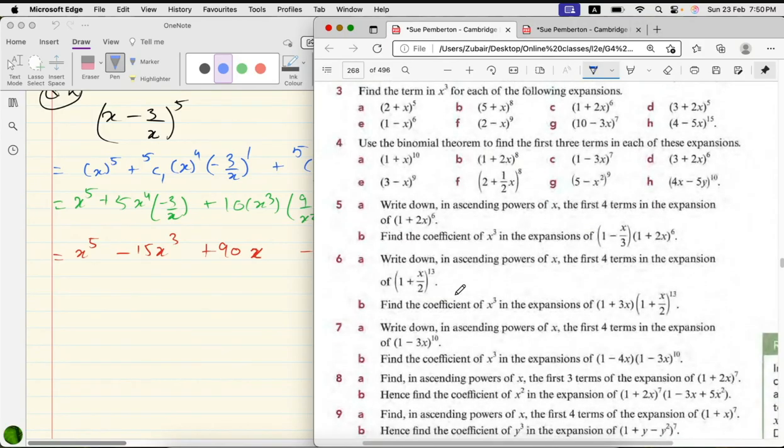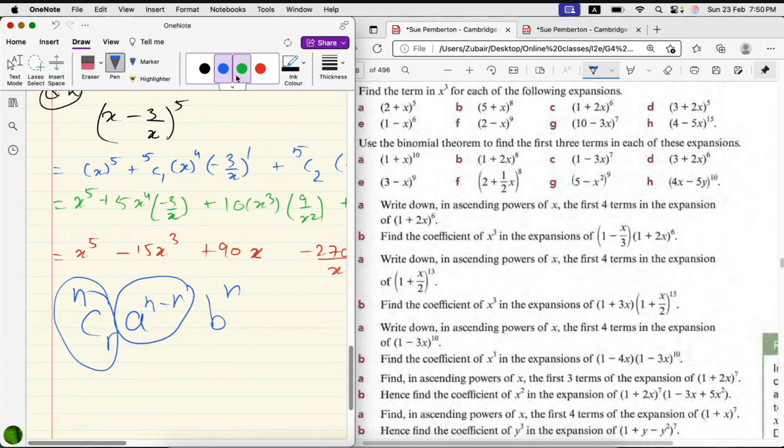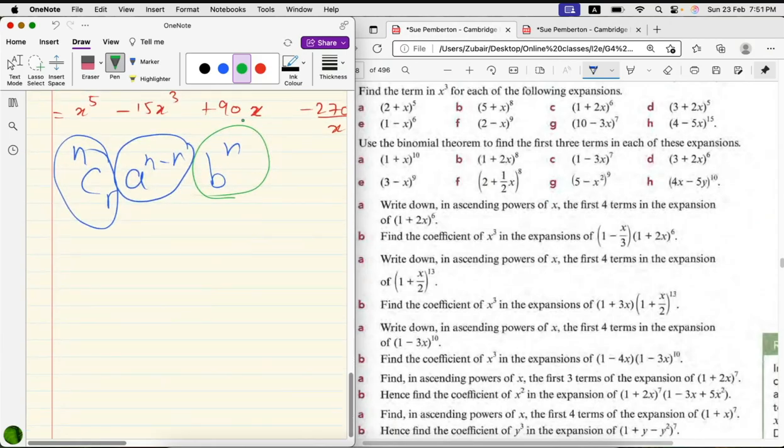Now, if you realize, the formula is nCr a^(n-r) b^r. So we have no concern with a for x, but x will be in b. I'm very clear that only when the value of r is 3 will we have the coefficient of x cube. So we don't have to solve it entirely.